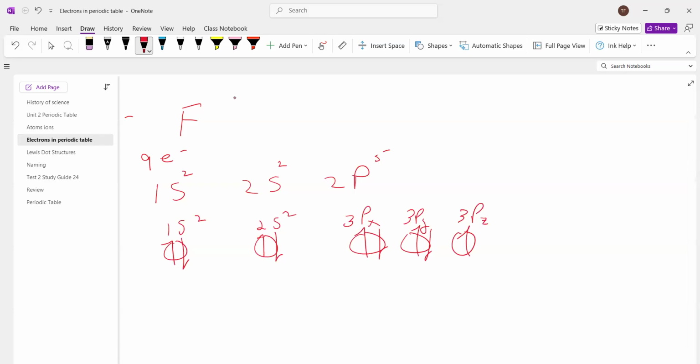So fluorine now, this is the valence over here. This is the core electrons here. According to this, we have 3 pairs and one singleton.